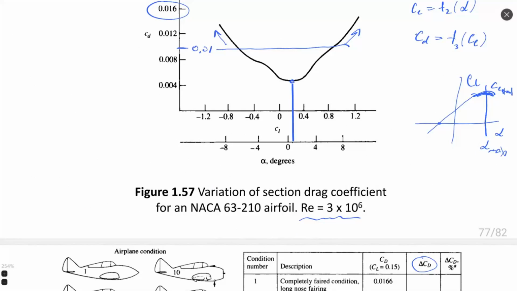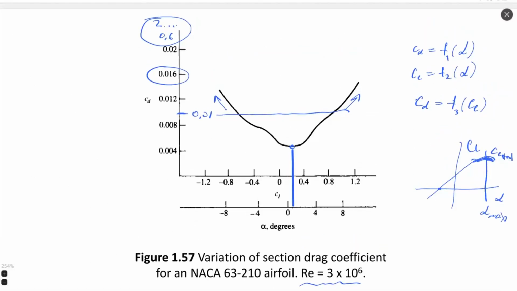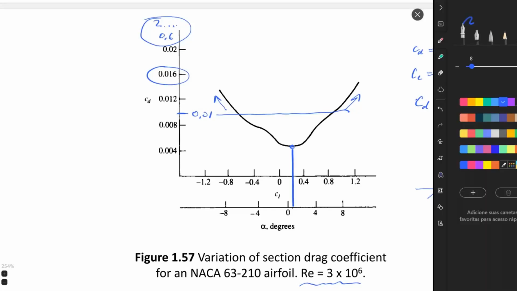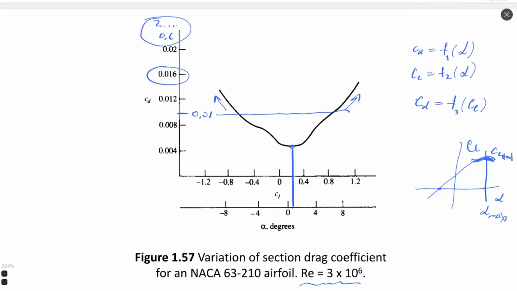Probably it is not written here. Here it is written Reynolds 3 powered by 6 only on this graph. Let me use another color. For other Reynolds numbers, this curve would be different.